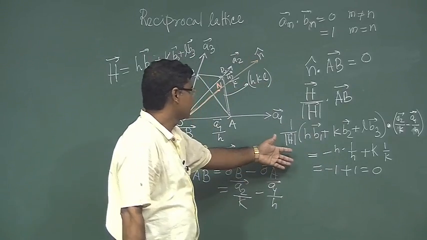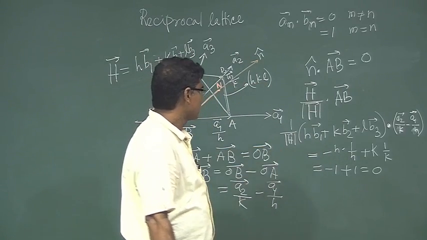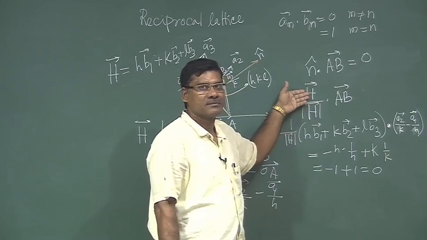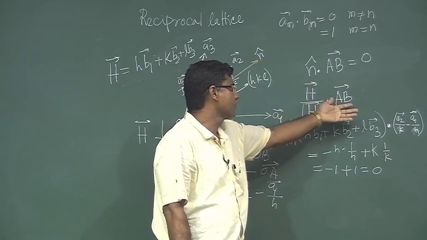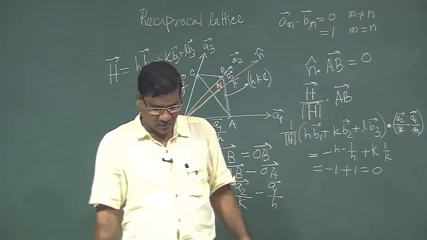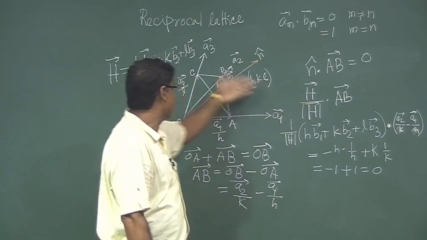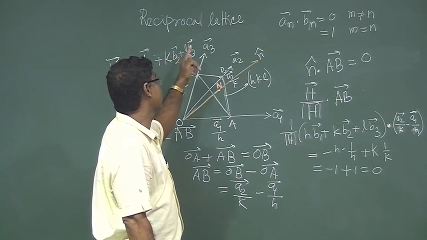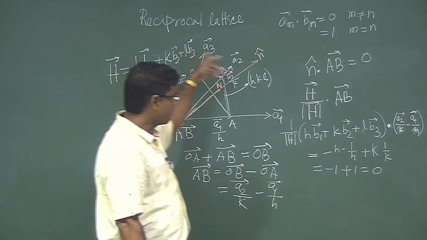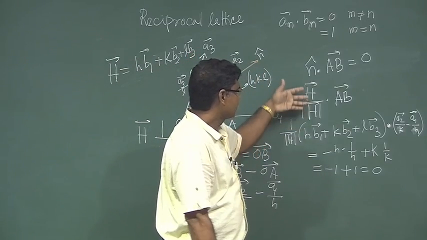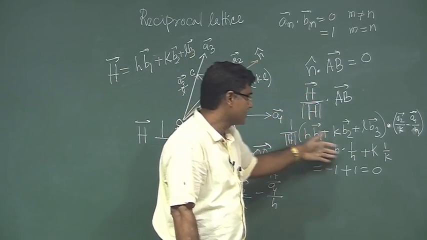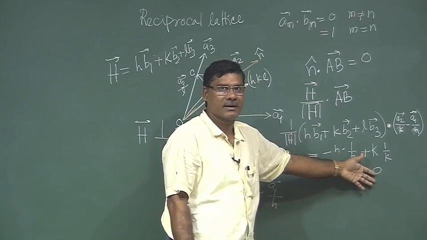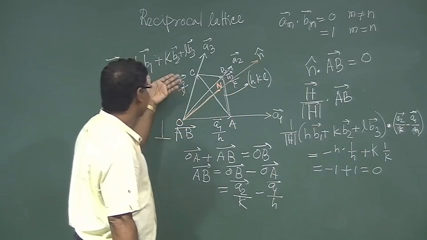So, H is normal to AB, when I take H equal to HB1 plus KB2 plus LB3, then only it is 0, otherwise not. Okay. So this way I justified.